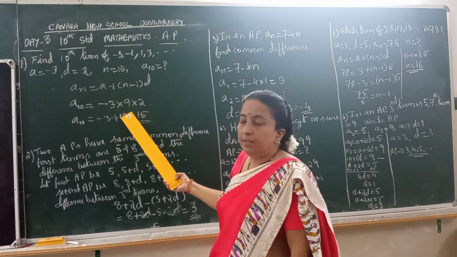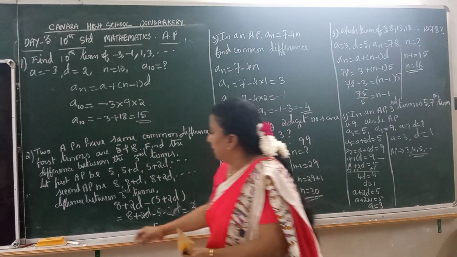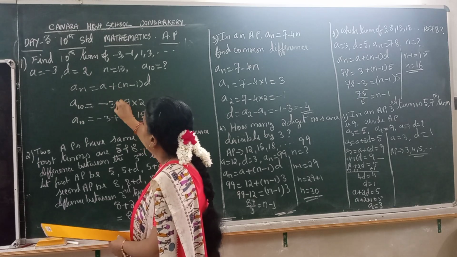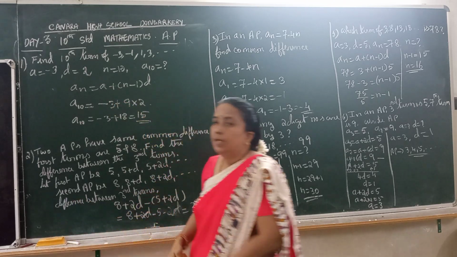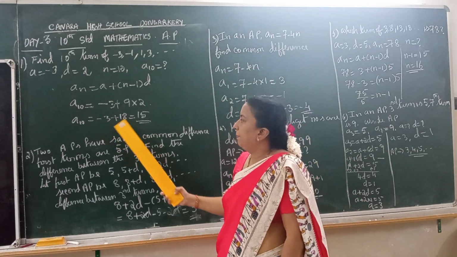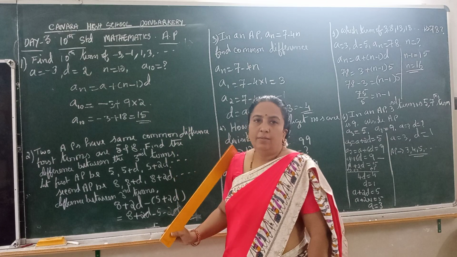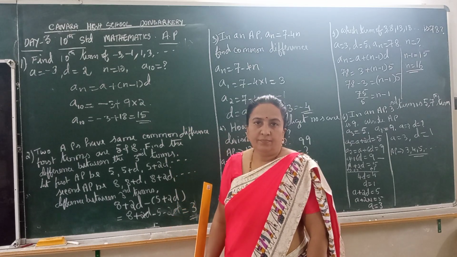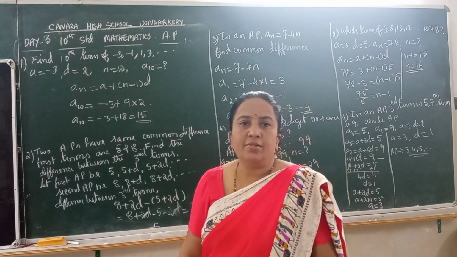Directly I have written minus 3 plus 9 into 2. 9 2s are 18. Minus 3 plus 18 is plus 15. Therefore the 10th term is how much? 15. I hope you all understood that sum.